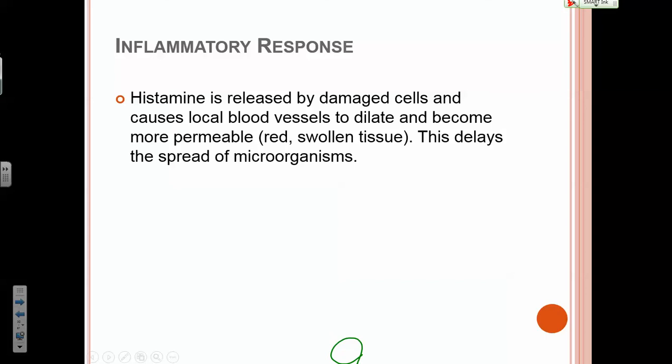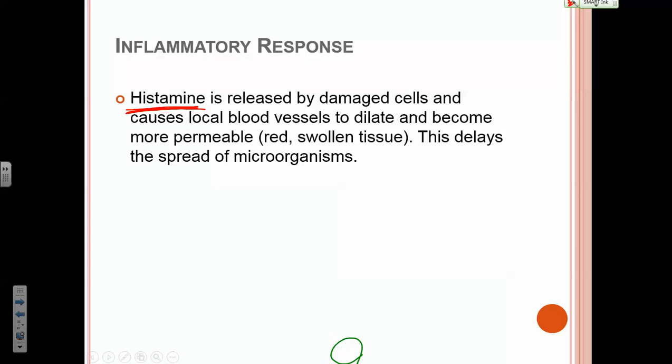Now, we talked a little bit about histamine being released by basophils, but it's also released by mast cells and damaged cells. What that histamine does is set off inflammation. One of the first things that happens during inflammation is that blood vessels in that area dilate, and that means more blood can flow to the area.